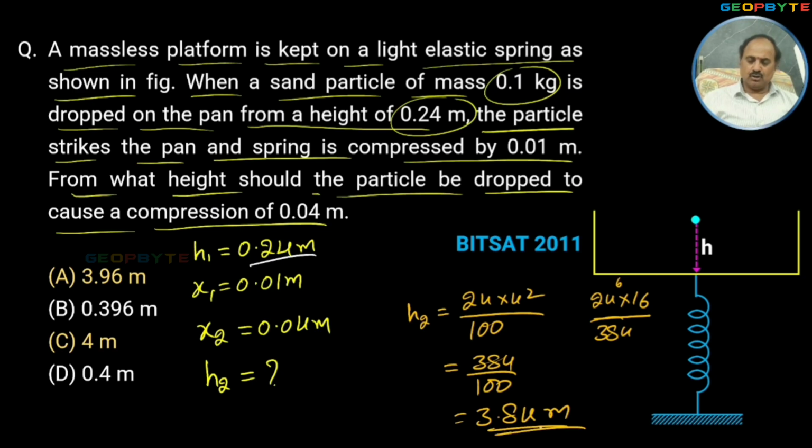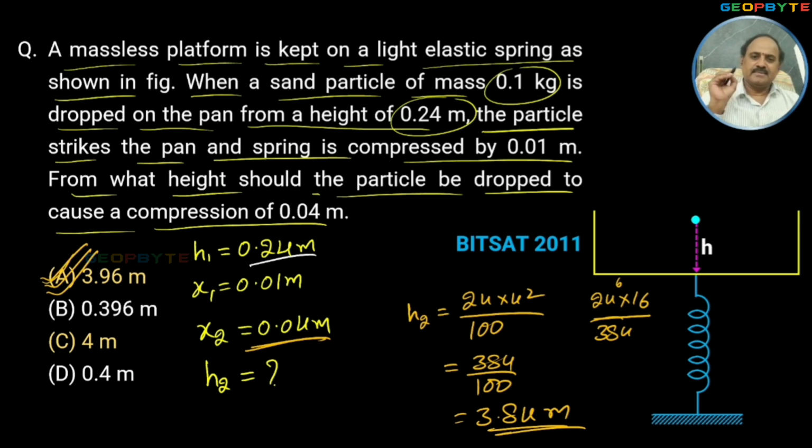So for having the deflection this much, it has to be dropped from a height of 3.84 meters. So look at the options. Approximately A can be selected. Approximately A is correct.